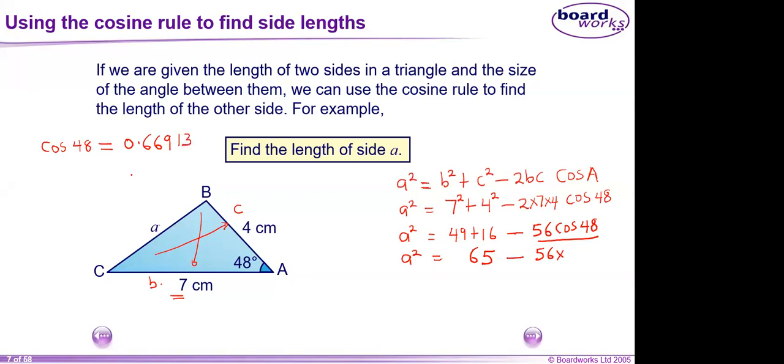0.669. So now I'll come here and I write 0.66913. So now I'll continue and say S squared is equal to 65 minus... Now multiply this. Multiply that. What do you get?